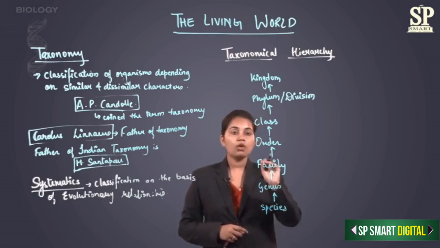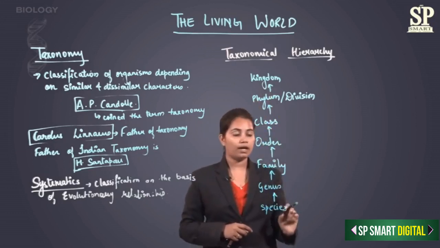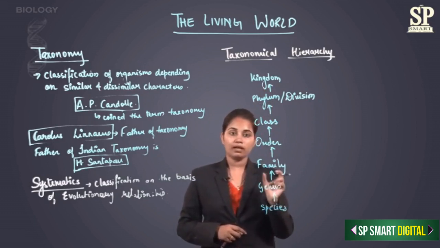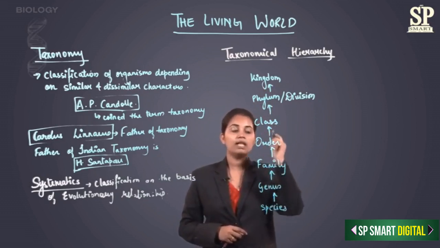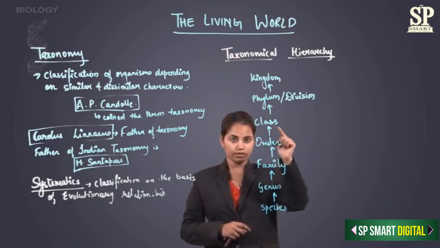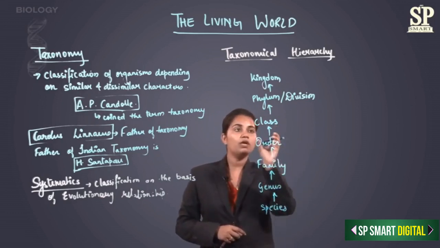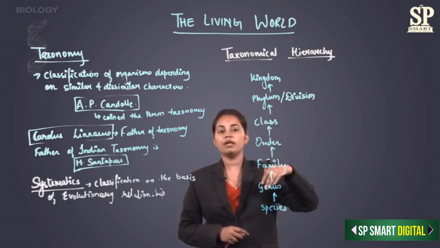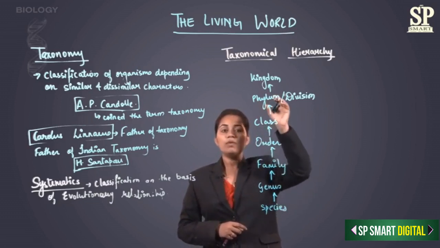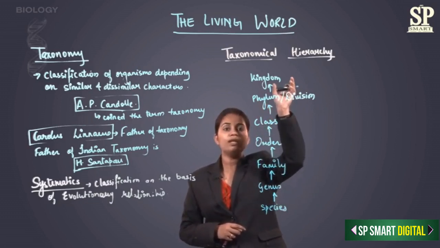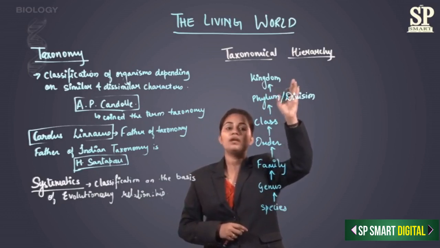As we go on moving up the hierarchy, the similar characteristics go on decreasing and the dissimilar characteristics go on increasing. Okay, so in genus, family, order, class, phylum, kingdom, my similar characteristics go on decreasing. So my organism reaching the kingdom will have very few similar characteristics, rather I'll have more dissimilar characteristics.